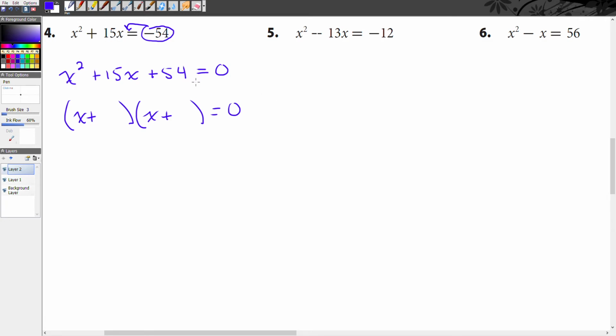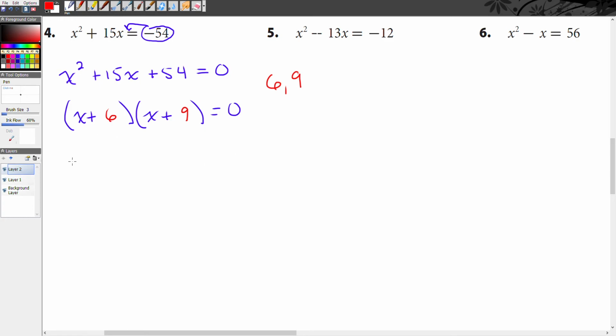Think of two numbers that multiply together to make 54 and add together to make 15, and that would be 6 and 9. 6 times 9 is 54, and 6 plus 9 is 15. So I have here x plus 6 times x plus 9 equals 0.